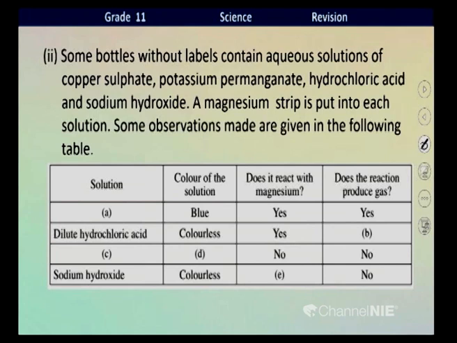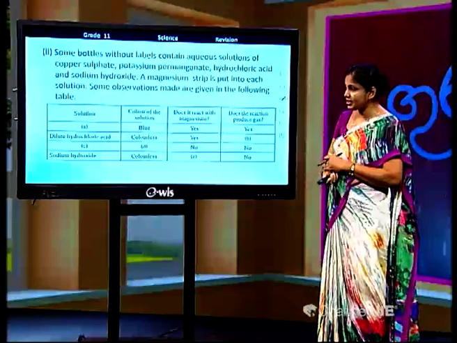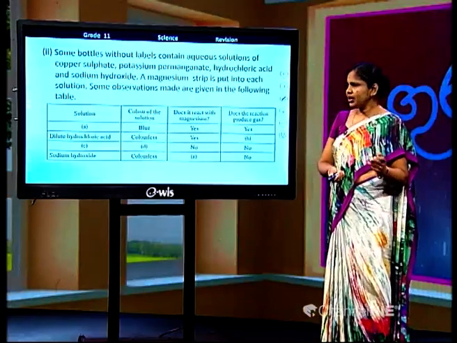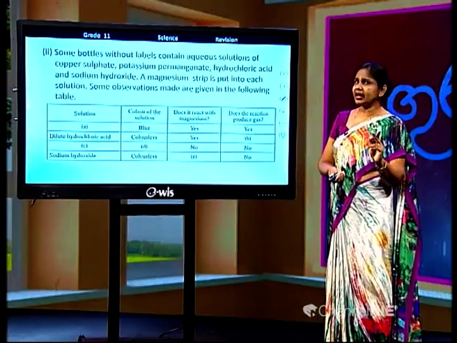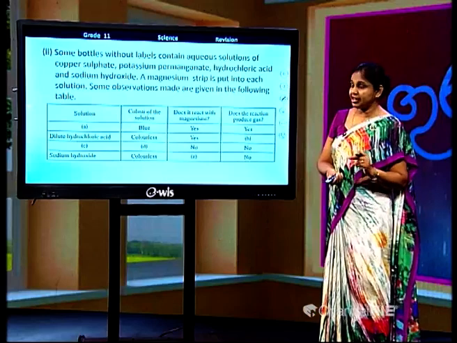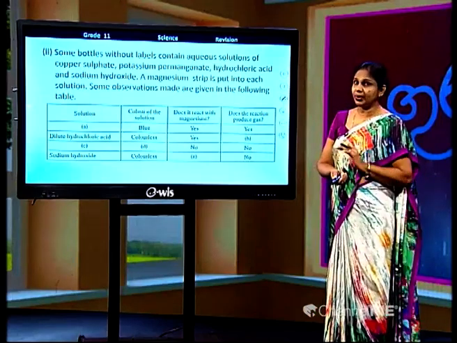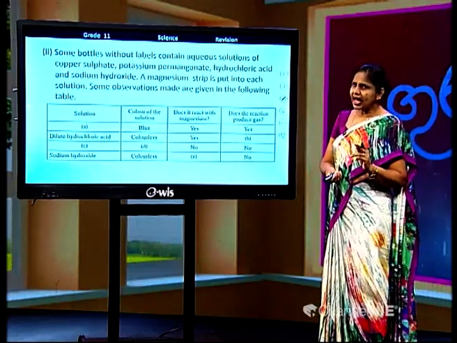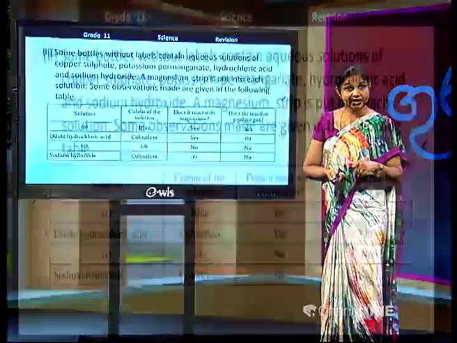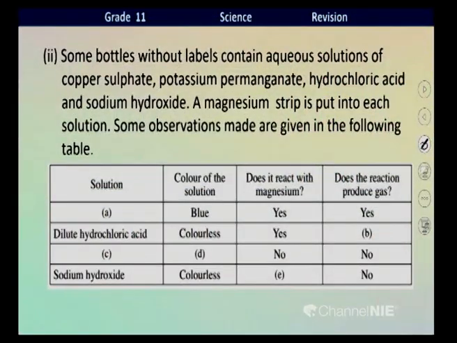Copper sulfate solution? Yes. And does the reaction produce a gas? Yes. Right? Then look at the second row, which states the solution dilute hydrochloric acid. We know that when a piece of magnesium is put into dilute hydrochloric acid, hydrogen gas is released, right?